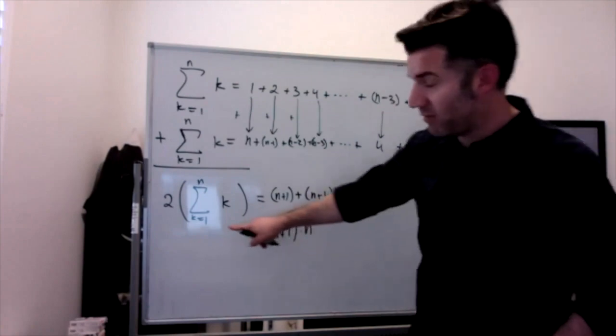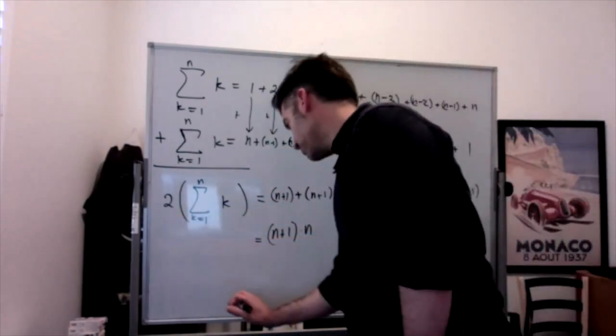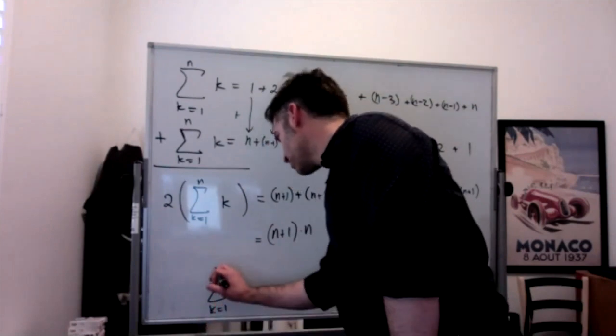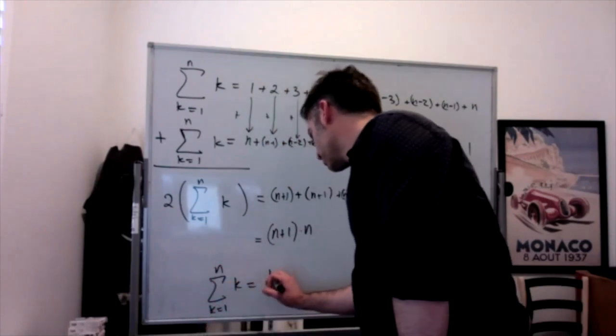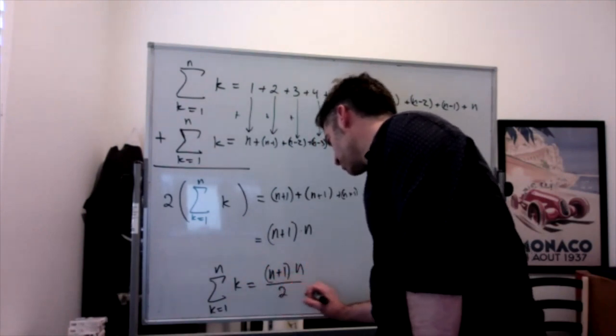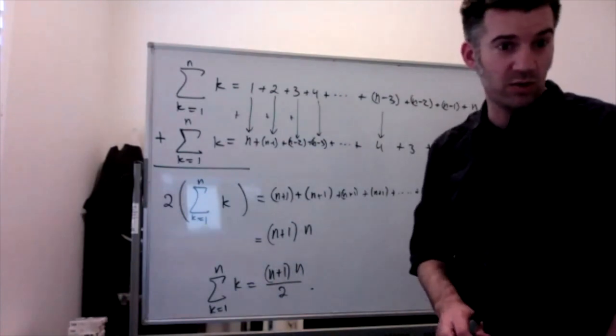So then, if I want to find a formula for that, divide by 2. And that's the formula for the sum of the first n integers.